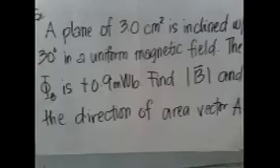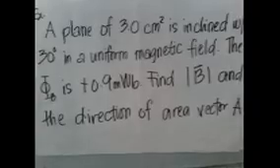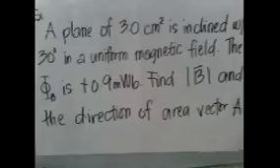Find the magnitude of the magnetic field and the direction of the area vector A. We are given an area of 3 times 10 to the negative 4 meter squared. I converted already the centimeter squared to meter squared.